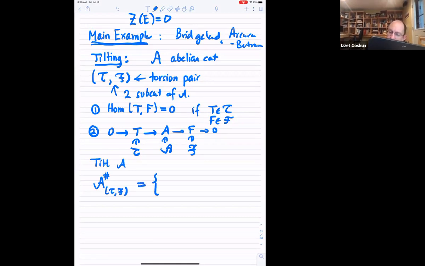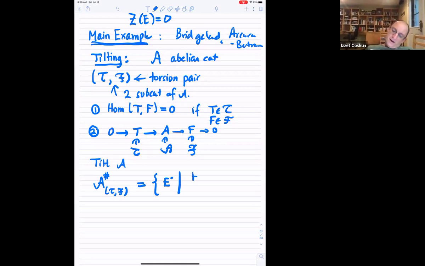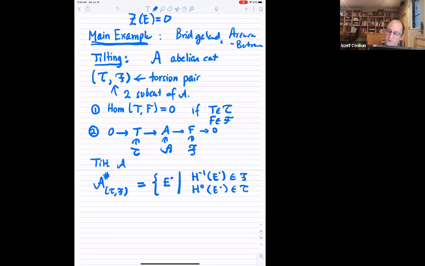And what it just means is that you look at complexes such that the minus first cohomology of this complex lies in F, and then the zeroth cohomology of this complex lies in T, and then all other cohomology is 0.